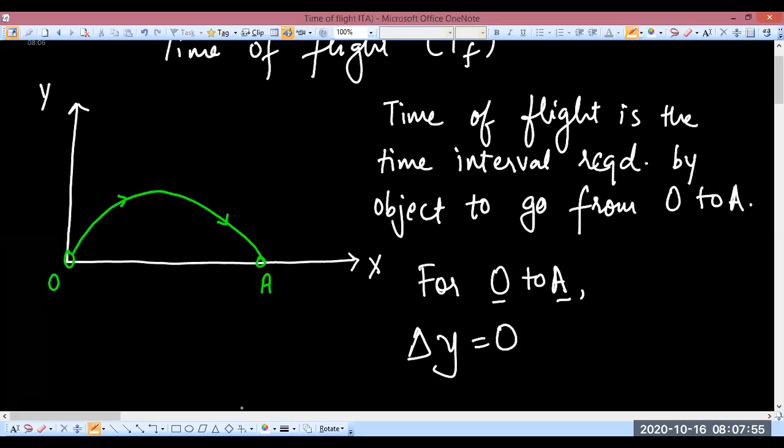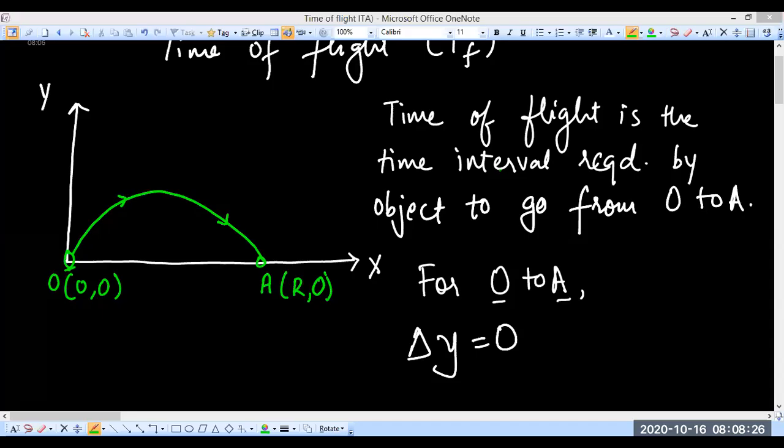The y component of displacement is 0 for O to A, because if this is (0, 0), then this is going to be (R, 0). R is the range, but right now we are not talking about range, just mentioning that. So this is (R, 0), which essentially means that delta y is 0.